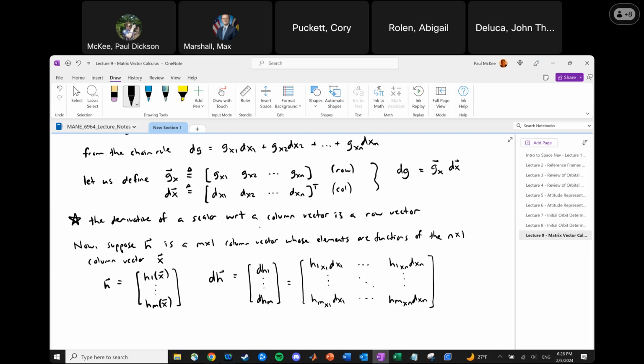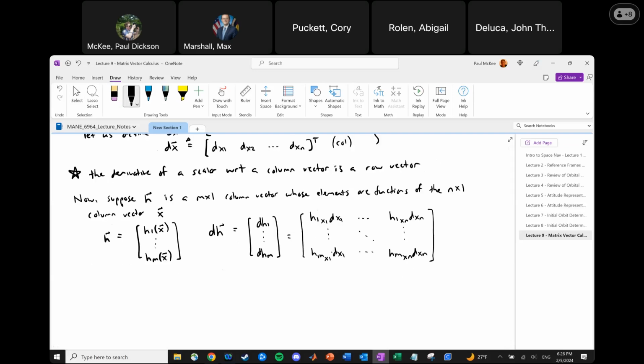So the first element of H with respect to the first element of x, all the way to the first element in H with respect to the nth element in x, down to the mth element in H with respect to the first element in x, and then the mth with respect to the nth element. So putting this in a matrix, we would get this.